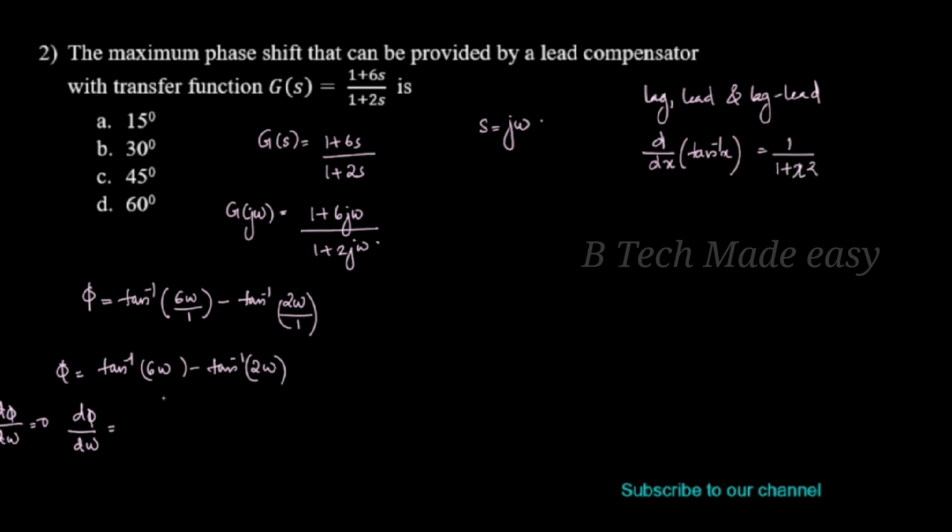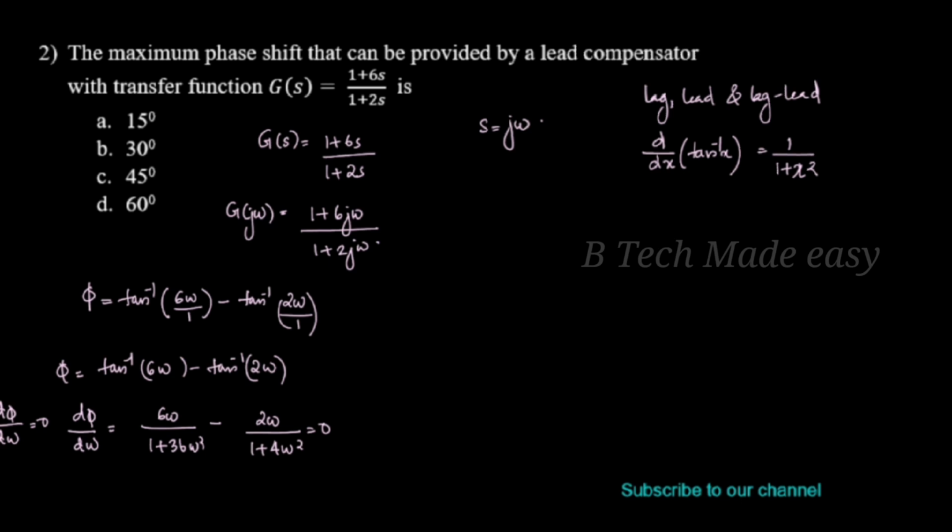Here x is ω or 6ω. So by using this, d/dω of tan inverse 6ω is equal to 6/(1 + 36ω²), minus, similarly, d/dω of tan inverse 2ω is equal to 2/(1 + 4ω²), equal to 0.